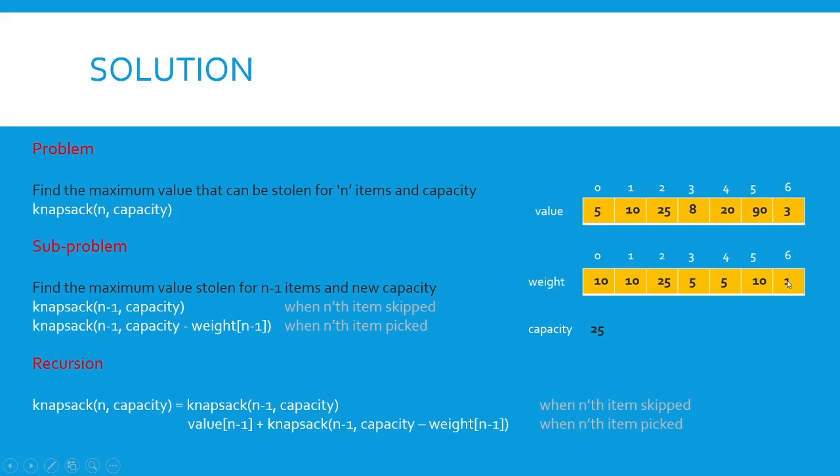So the capacity is decremented by 1. So this is the recursion. Now what we need to do is maximize this knapsack of n, capacity, in such a way that the capacity is not exceeded and the value the thief can get is maximized.